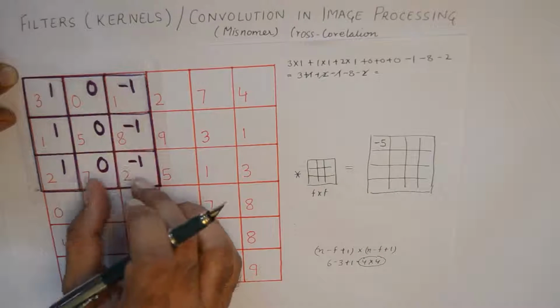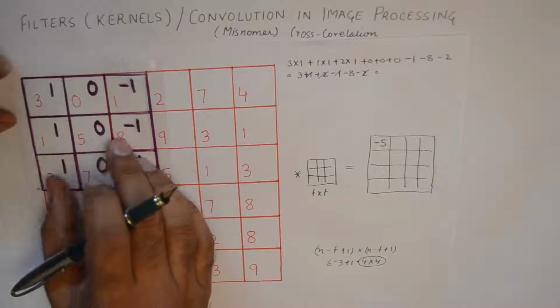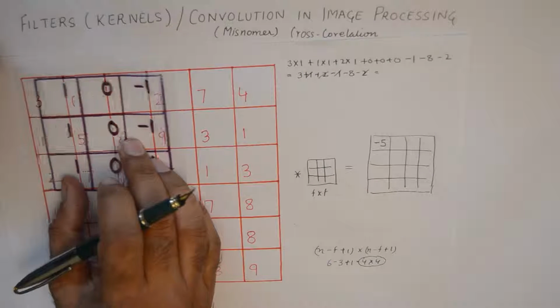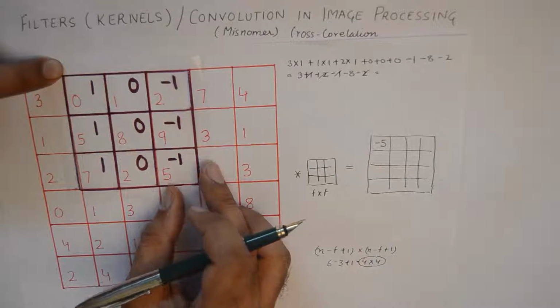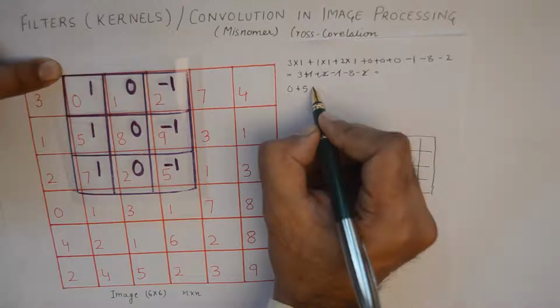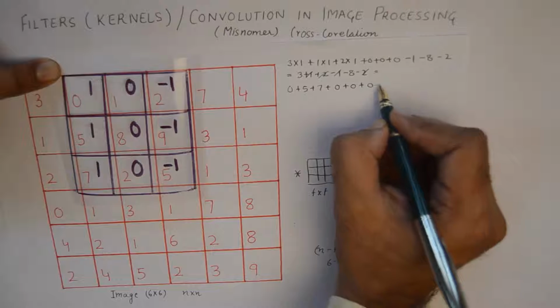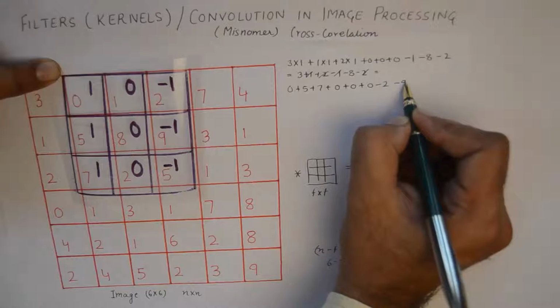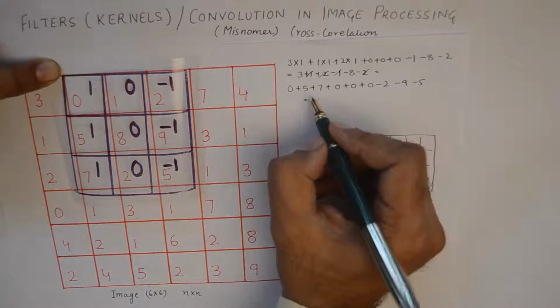Now, in order to get the value of the next pixel, we simply slide this by one position like this, and we do the process again. We do 0 plus 5 plus 7 plus 0 plus 0 plus 0, minus 2, minus 9, minus 5, and whatever the value that we get.